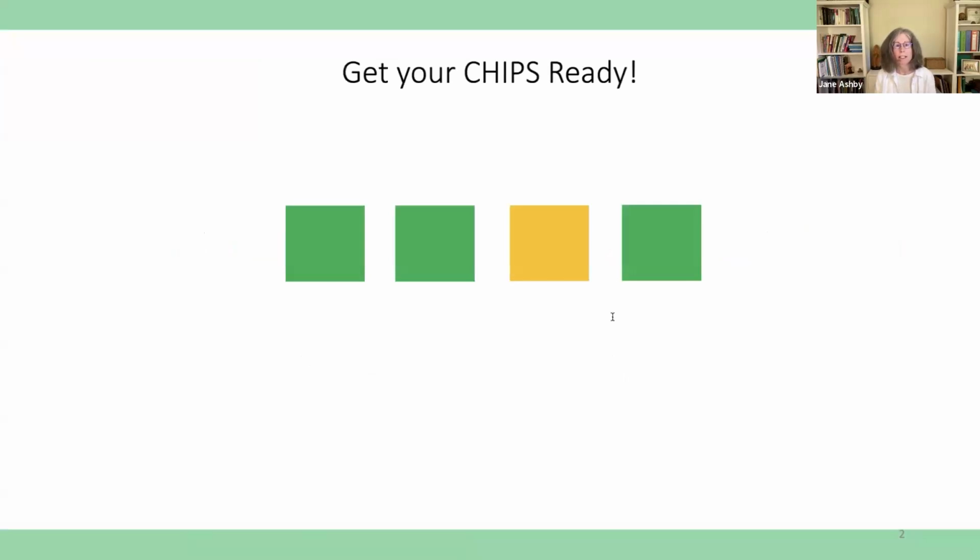All right, before we get started, I just wanted to give you a moment to prepare, and I'd love it if you would get your chips ready. So you can just make some chips out of a piece of paper if you have two different colors of paper, or if you have lined paper and plain paper. And you can see that mine here, they're just like little chips like this.